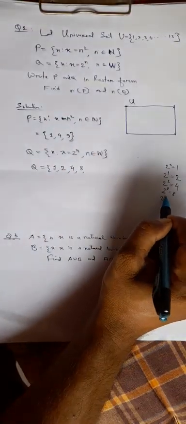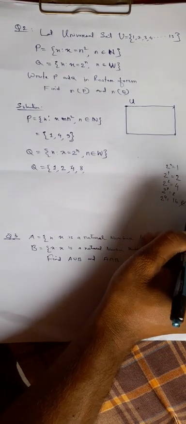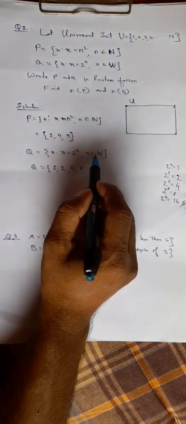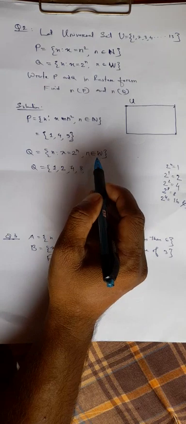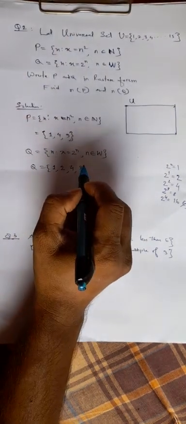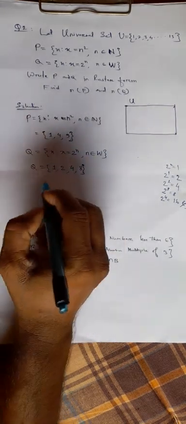Next is 2 to the power 4 equal to 16. But 16 does not belong to U. So we cannot consider 2 to the power 4. That means for n equal to 4, you will not find the element within the universal set. So elements of Q will be 1, 2, 4 and 8.